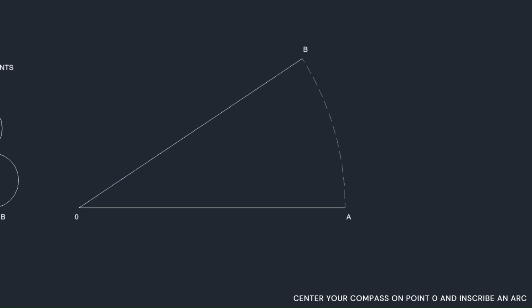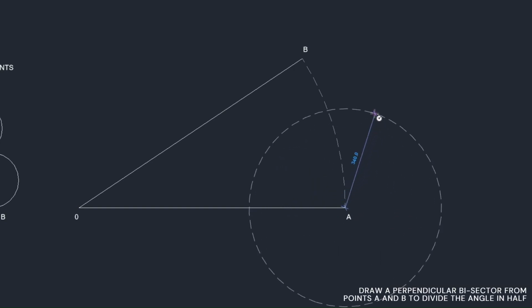There's two different methods that you can use to divide this angle in half. So what we want to do is divide this into 2 equal segments, okay? So we can use the perpendicular bisector. You can take your compass, put it on point A, and describe an arc that travels more than halfway across the arc.